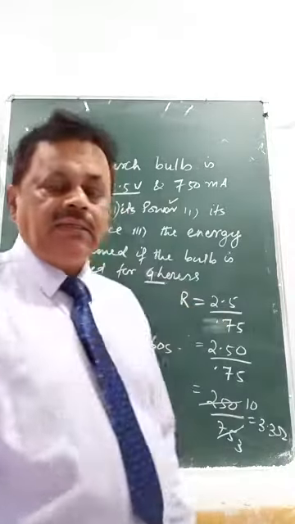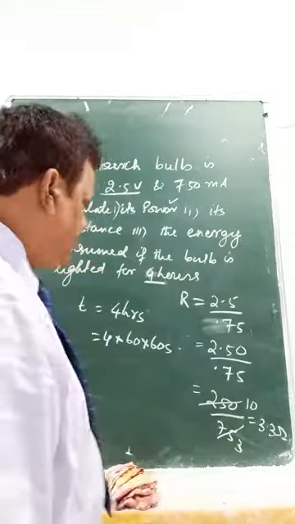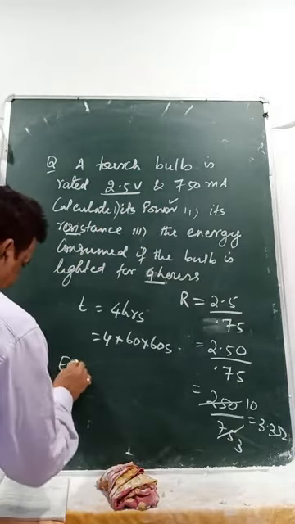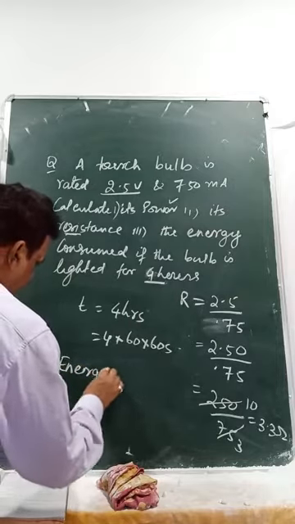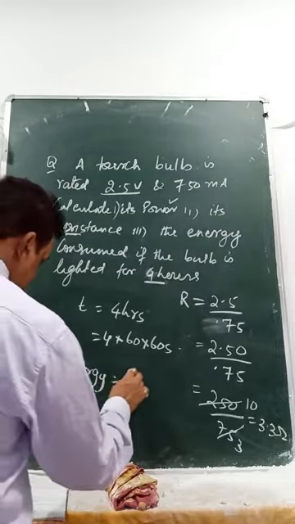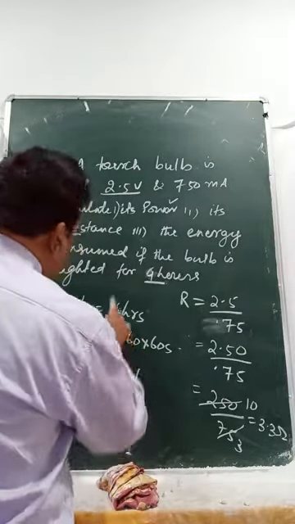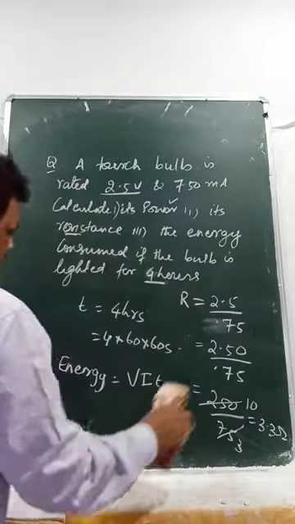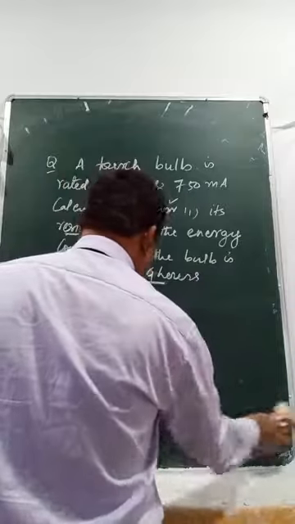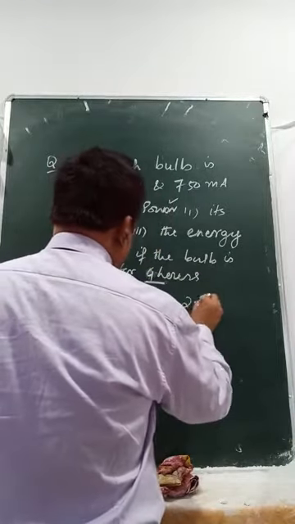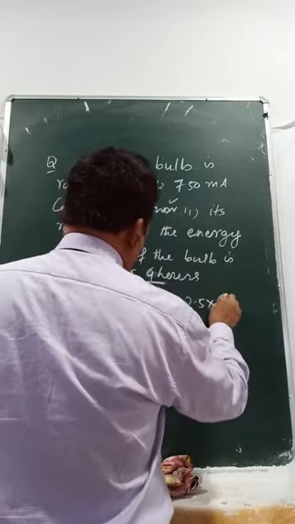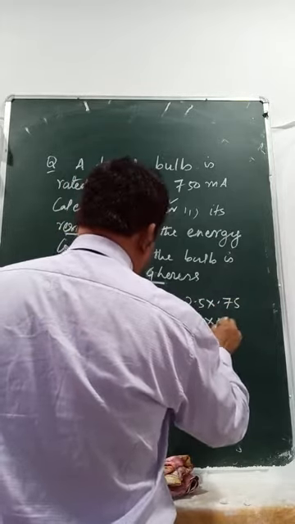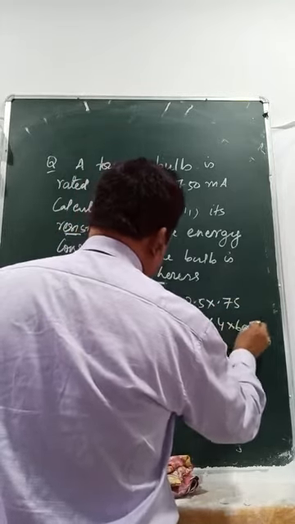Now, what is the formula of energy here? Energy, that is work done, equals VIT, because V is given, I is given. So VIT means 2.5 into 0.75 into 4 into 60 into 60.